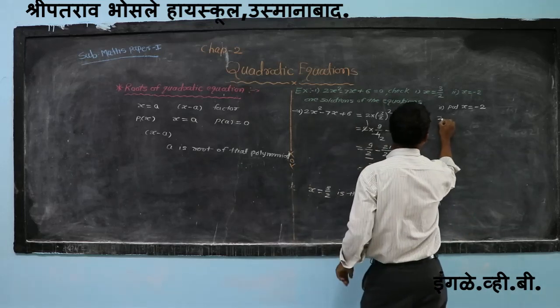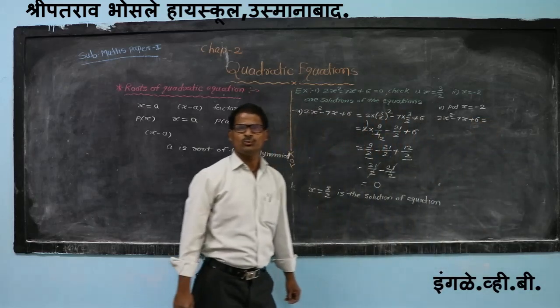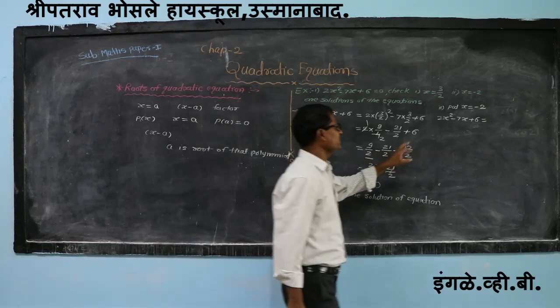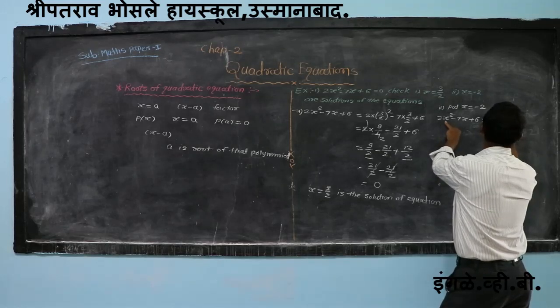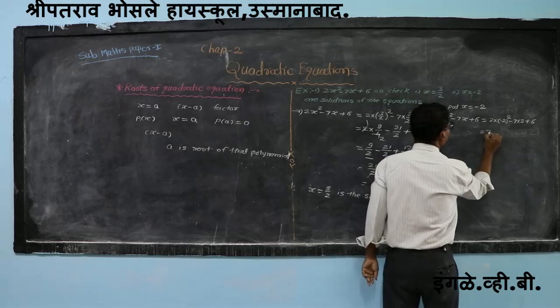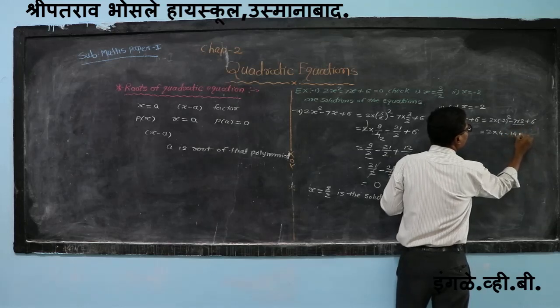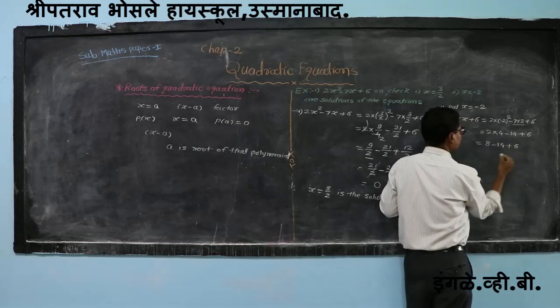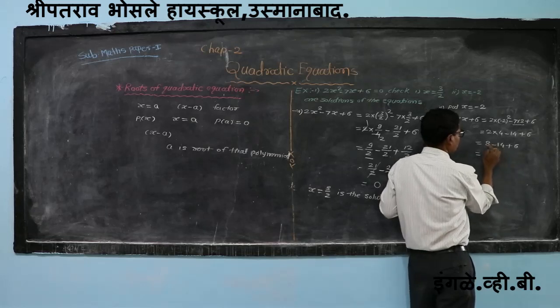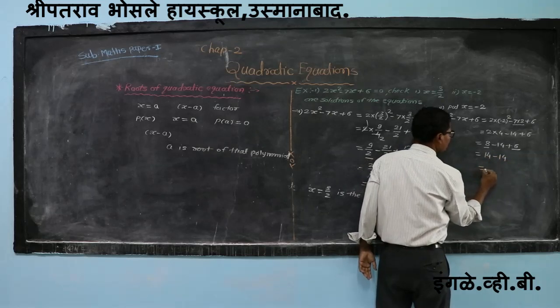So take the quadratic equation 2x square minus 7x plus 6 equal to 0. Now we put the value of the variable x equal to minus 2 in the equation. 2 into x square means (minus 2) square, minus 7 into minus 2, plus 6. 2 into the square of minus 2 is 4, so 8. Minus 7 into minus 2 is plus 14. So 8 plus 14 plus 6... Taking it as 8 minus (minus 14) plus 6, we get 8 and 14 is 22, plus 6... the result comes to 0.